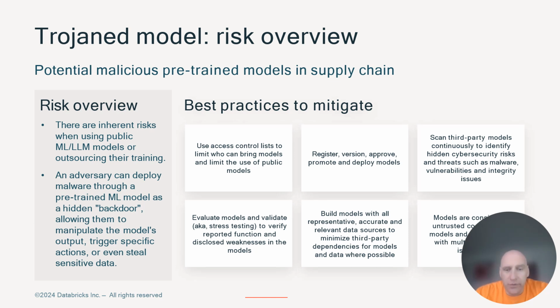We need to build models with all representative, accurate, and relevant data sources to minimize third-party dependencies for models and data where possible. We also need to scan third-party models continuously to identify hidden cybersecurity risks and threats such as malware, vulnerabilities, and integrity issues. And we need to always think that models should be considered as untrusted unless they've been tested and verified.